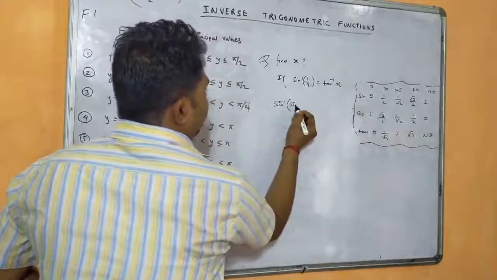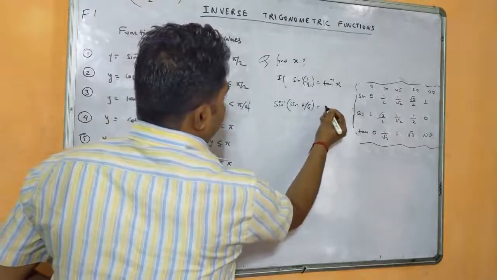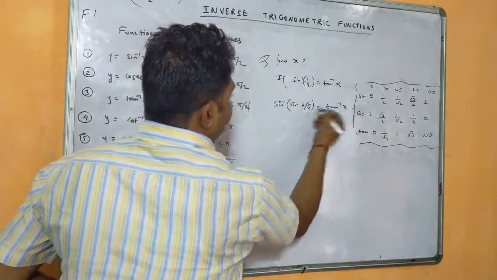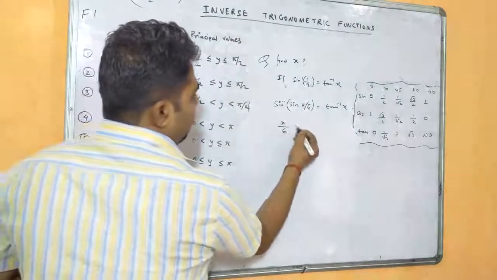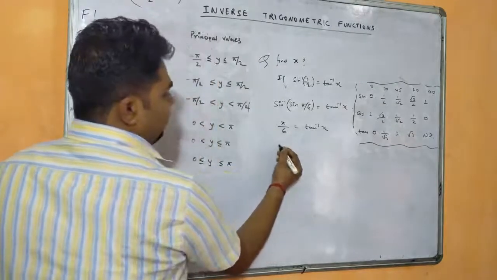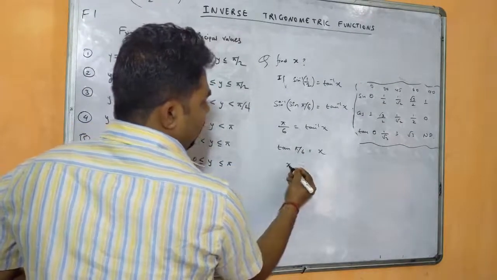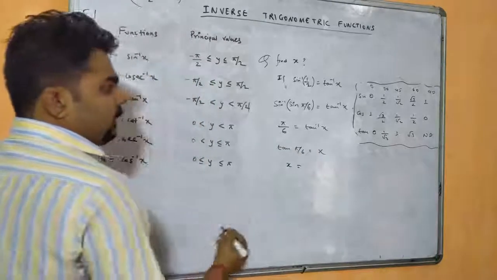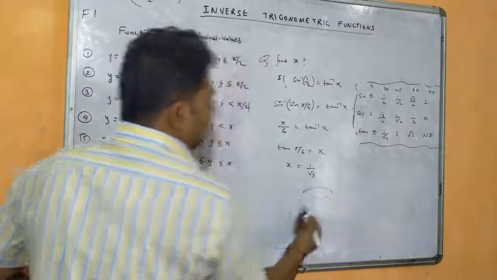So sin 30 can be written as pi by 6, that is pi by 6 here, tan inverse x, right? Sin and sin inverse will get cancelled. So we will be left with pi by 6 equals tan inverse x. Now tan will change its side, that means tan pi by 6 equals x, or x equals tan 30. So tan 30 we know it is 1 by root 3. So this is our required answer.